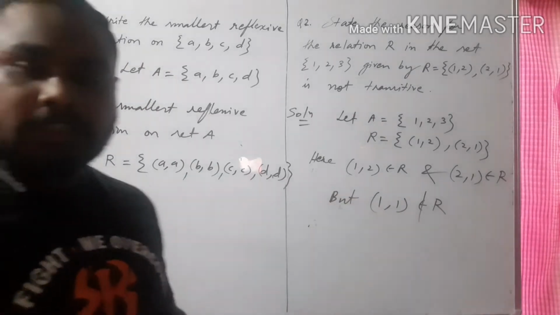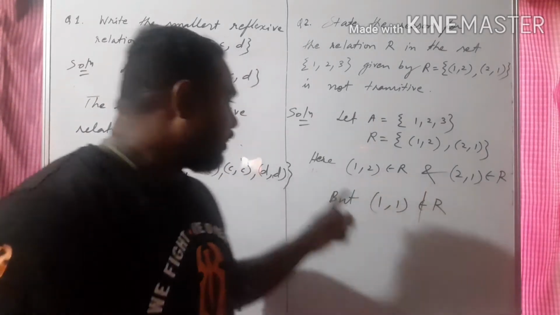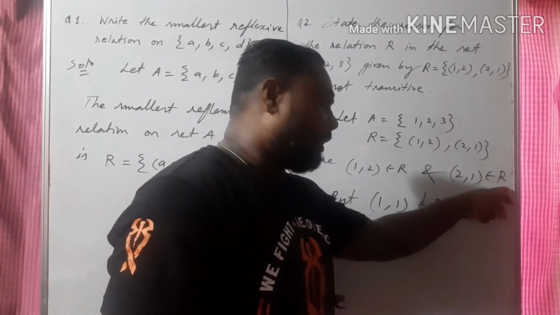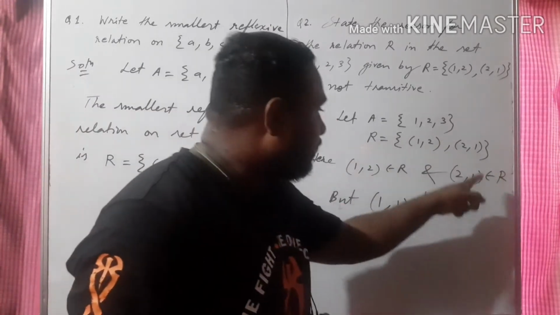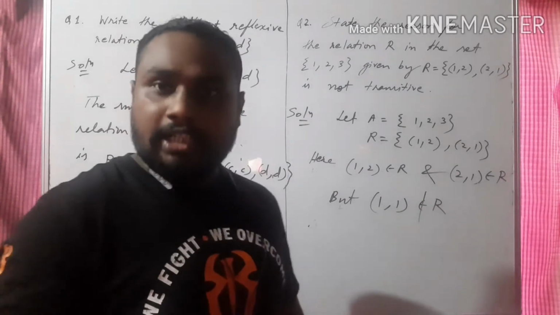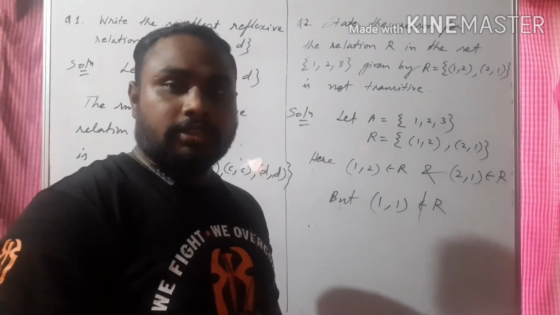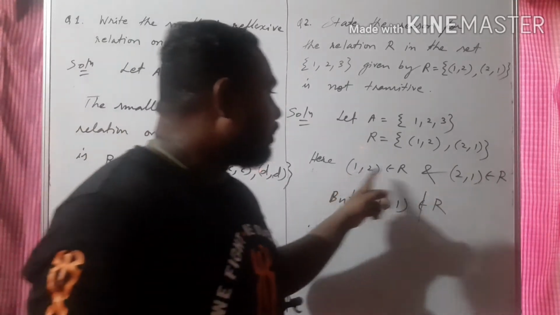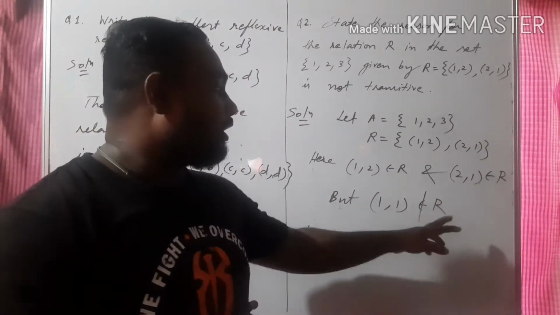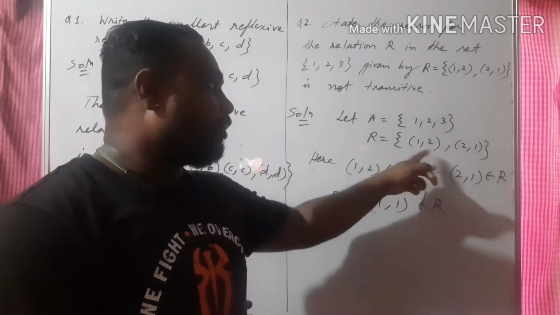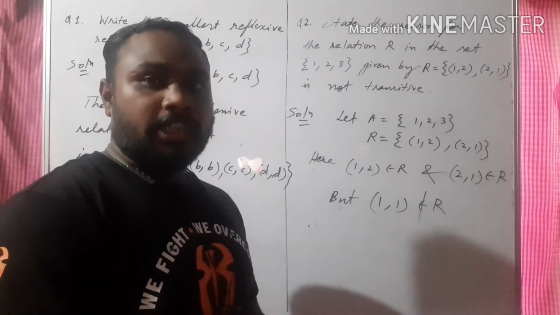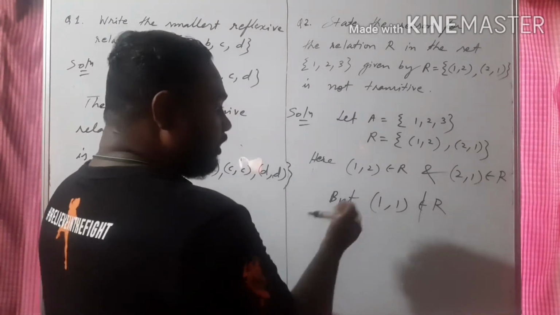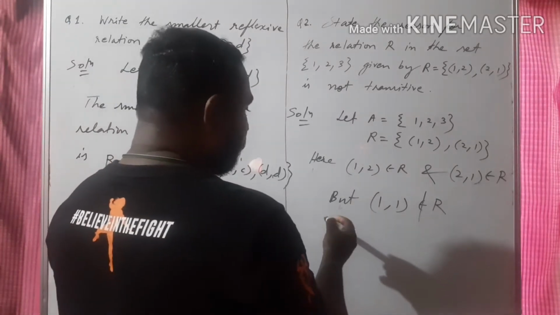So we know the condition for transitive. If x y lies in R and y z lies in R, then x z must lie in R, then only R will be transitive. But here I can see that 1 comma 1 does not lie in R. We don't have the 1 comma 1 ordered pair in the relation R. Okay, so for this reason only, it will not be transitive.